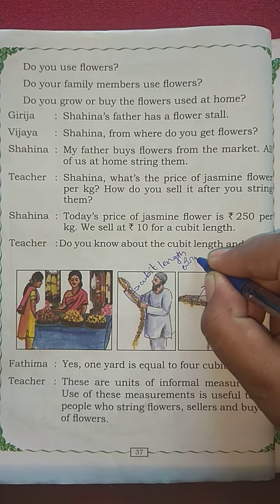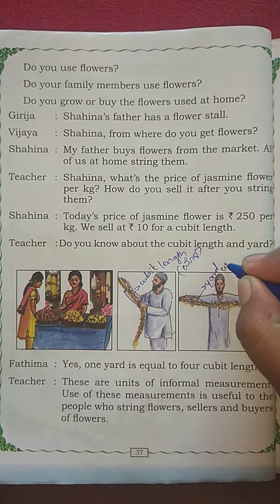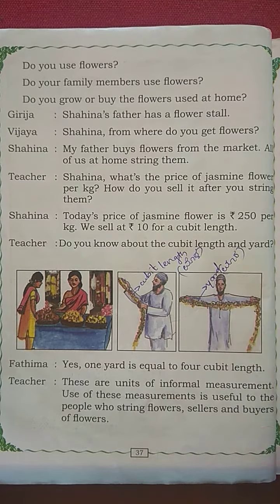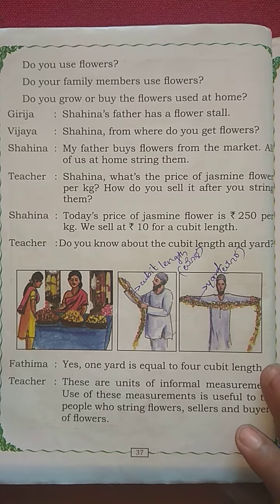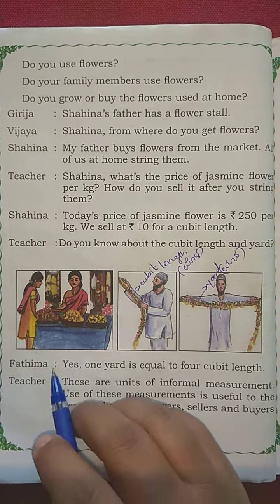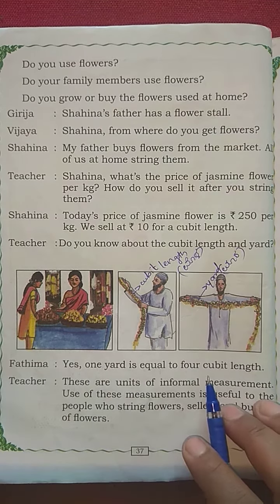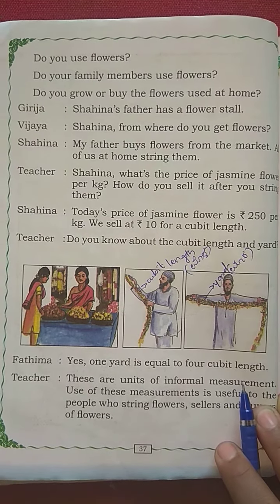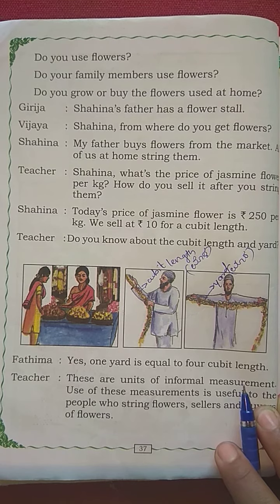This is mola and this is maru. One maru, we say one maru, isn't it? Yes, 1 yard is equal to 4 cubit length. It is approximate length, students. It is not the exact one.